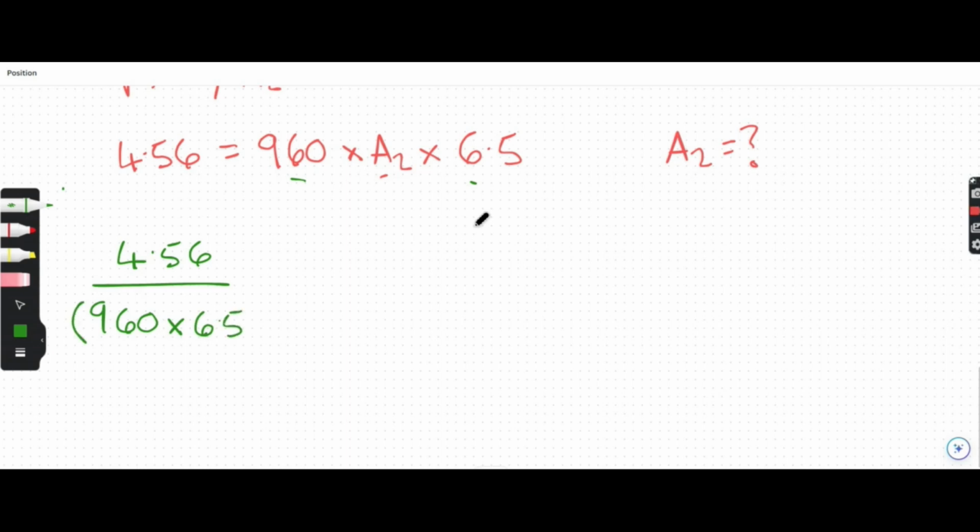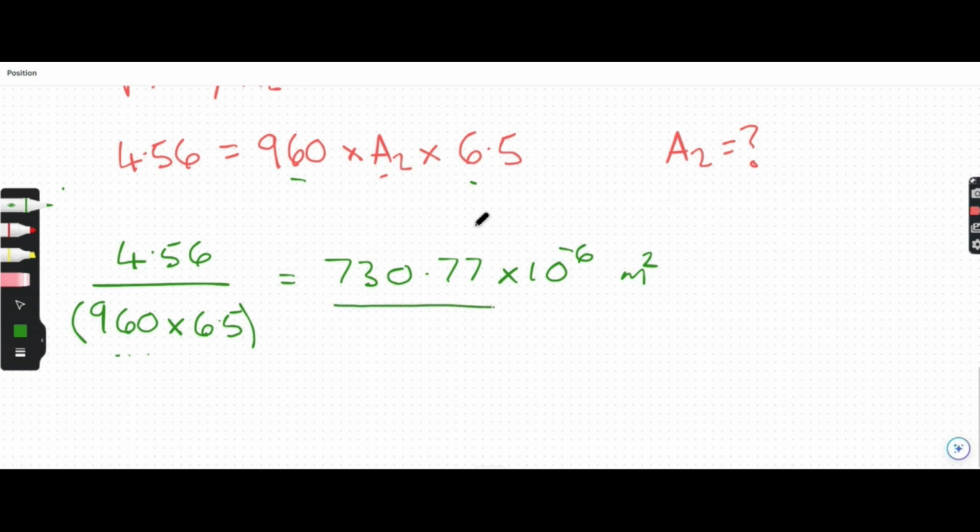You might perhaps want to put a bracket around that, depending if you use a calculator. It's 4.56 divided by all of this. That should give you something like this, depending on how you're doing it. If you press the E and G button on your calculator, if you're using a phone, you might get a different number. Well, you won't get a different number, just different format. So 4.56 divided by all of that gives me this. That is A2. It's an area, so it's meters squared.